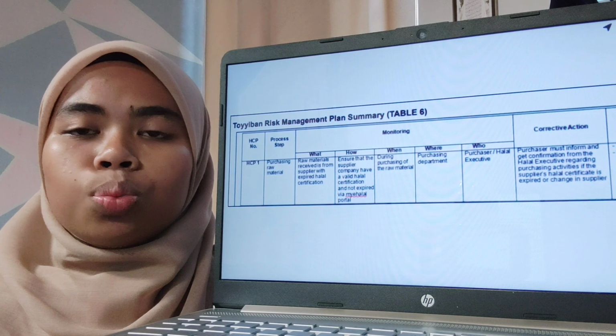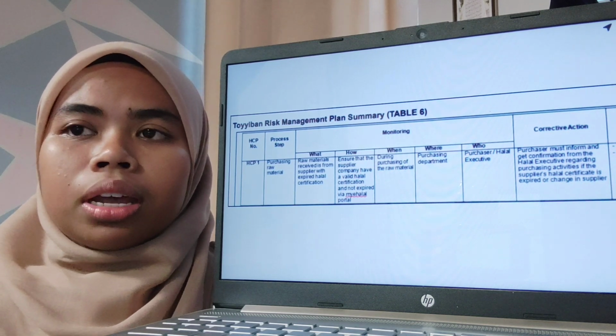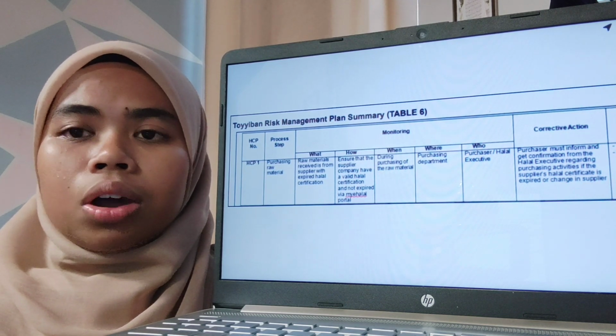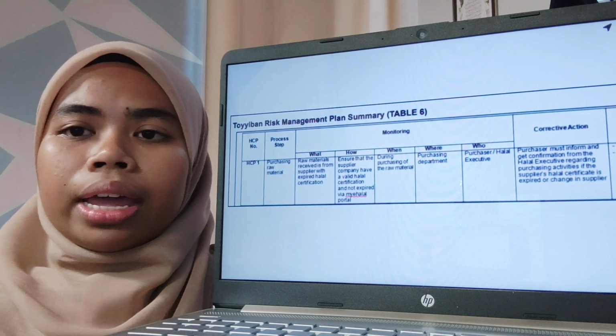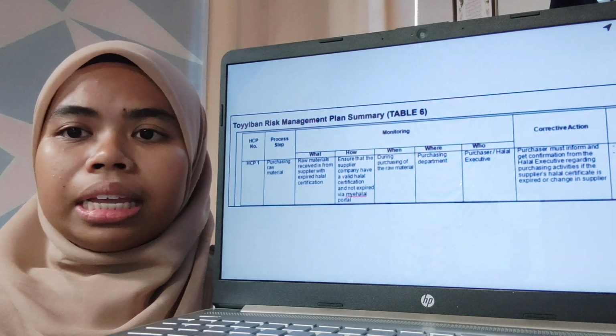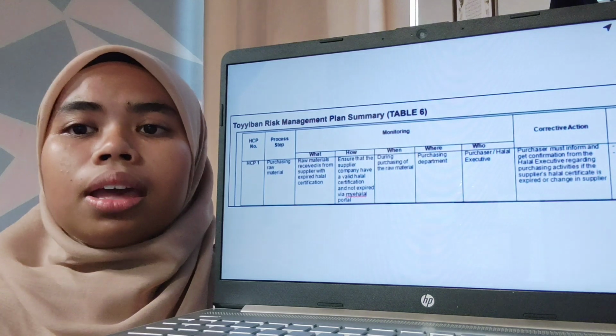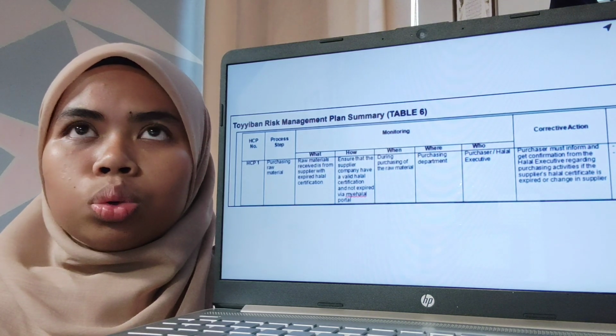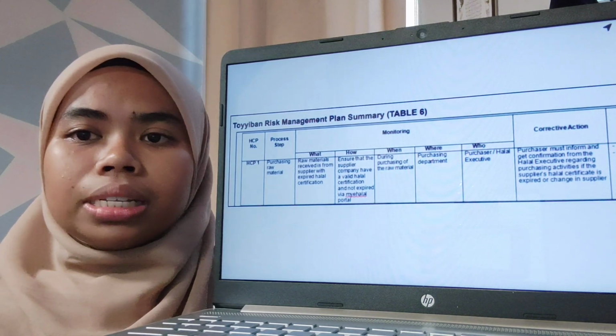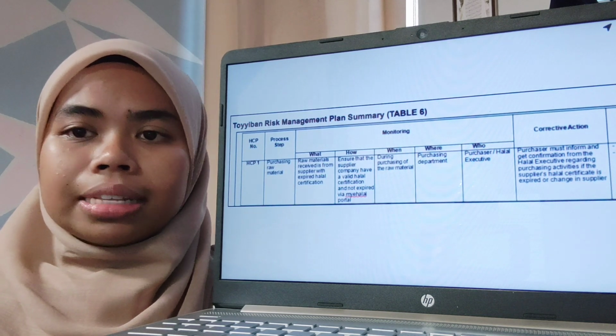And when we need to monitor: during every purchasing of raw material. Where this happens: in the purchasing department. And the personnel in charge are the purchaser and halal executive.